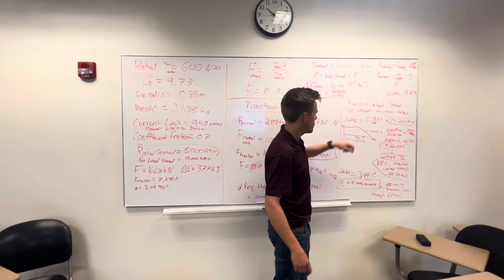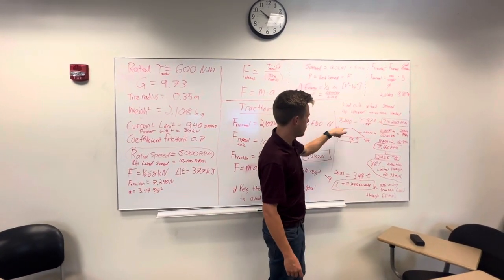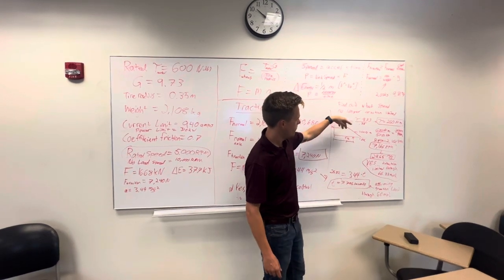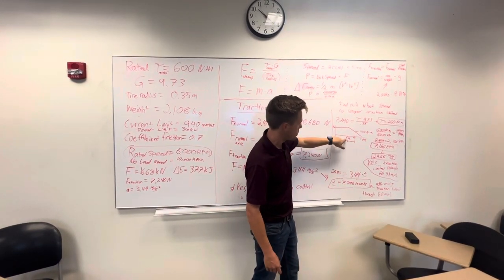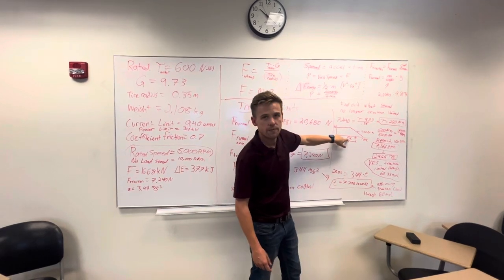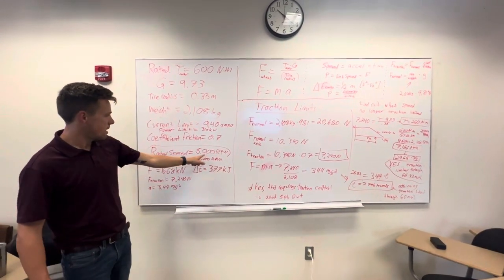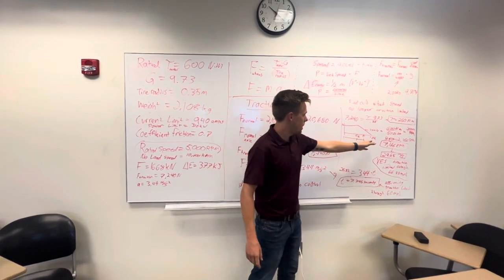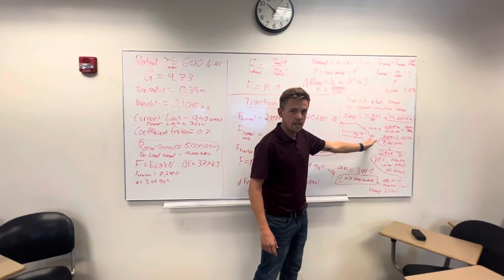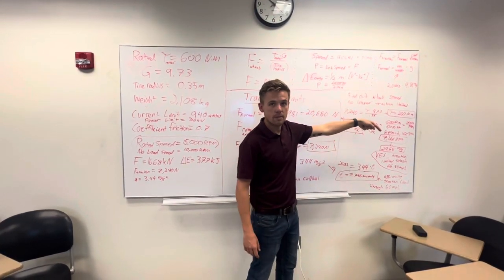So here is your torque curve for the motor. It's always flat at 600 newton meters, then decreasing. It starts decreasing at the rated speed, which is 5,000 RPM. We know that because rated speed, 5,000 RPM. Now, we made the assumption that the no-load speed is 10,000 RPM, and we are assuming that it linearly drops.